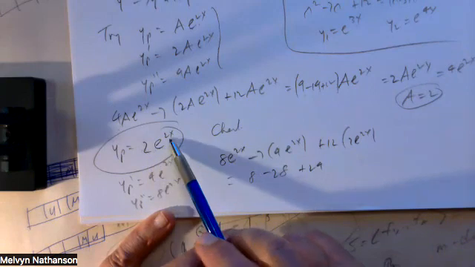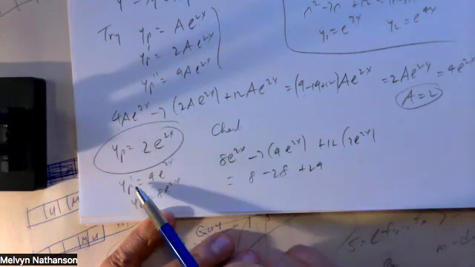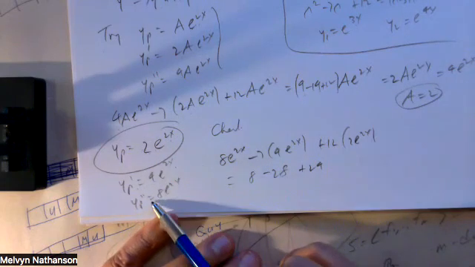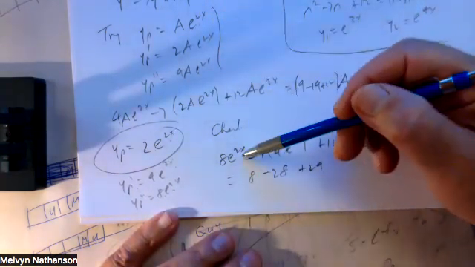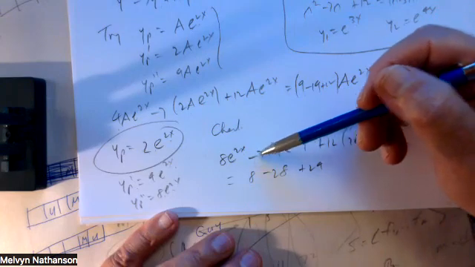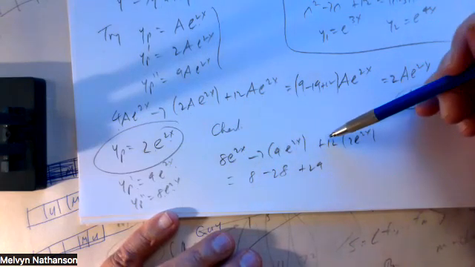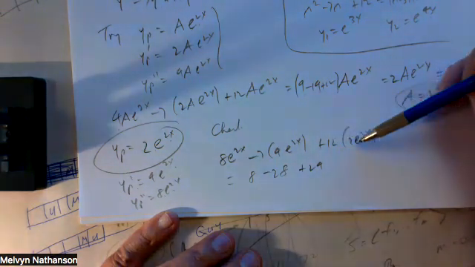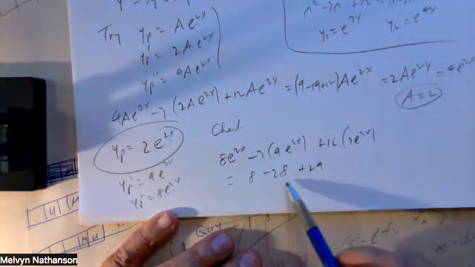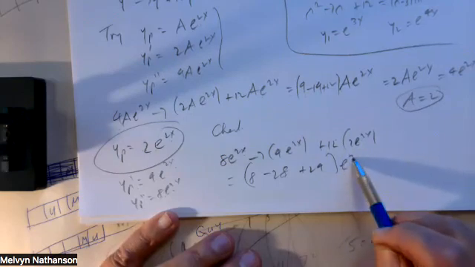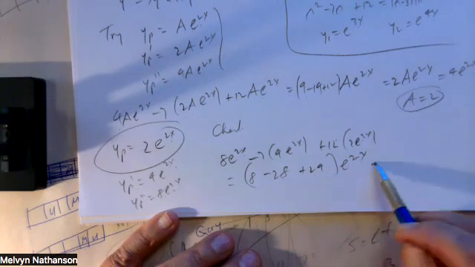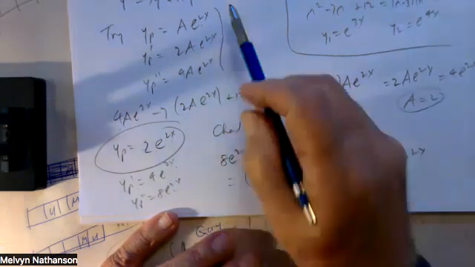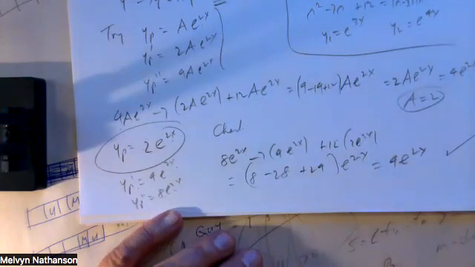Y is 2e to the 2x. Y prime is 4e to the 2x. Y double prime is 8e to the 2x. So when I plug it into my equation, I get 8e to the 2x minus 7 times 4e to the 2x plus 12 times 2e to the 2x. This is all times e to the 2x: 8 minus 28 plus 24. That's 4e to the 2x. And lo and behold, that's exactly what it's supposed to be.